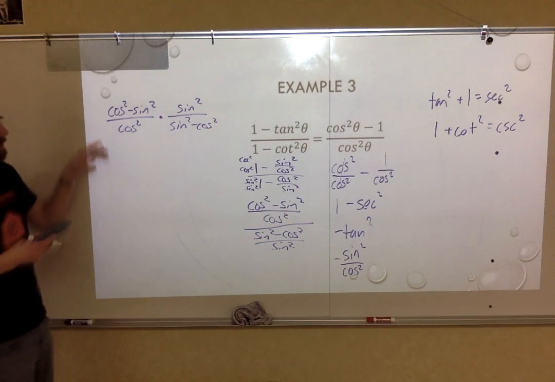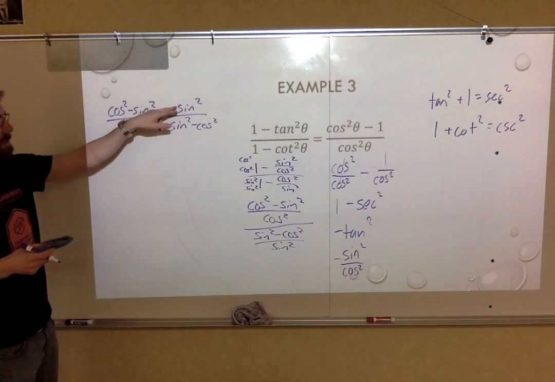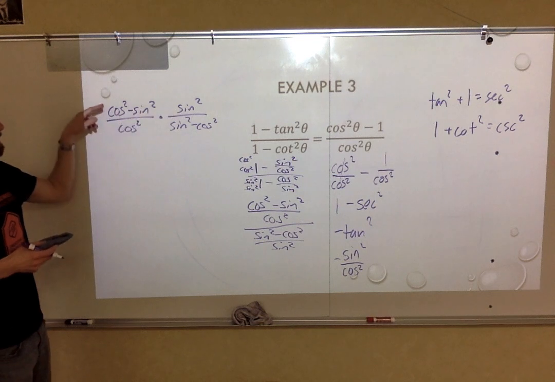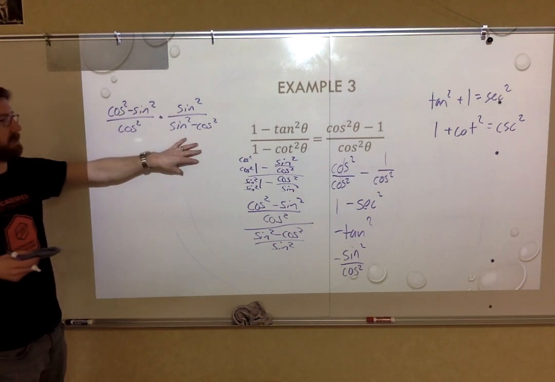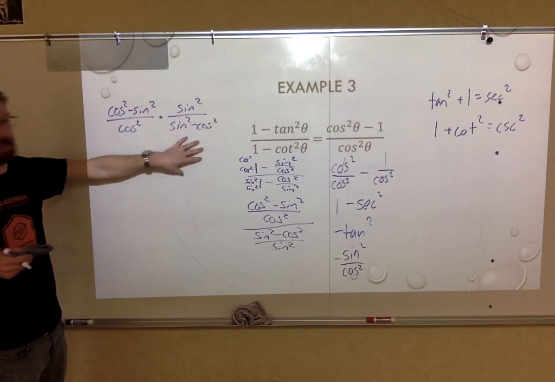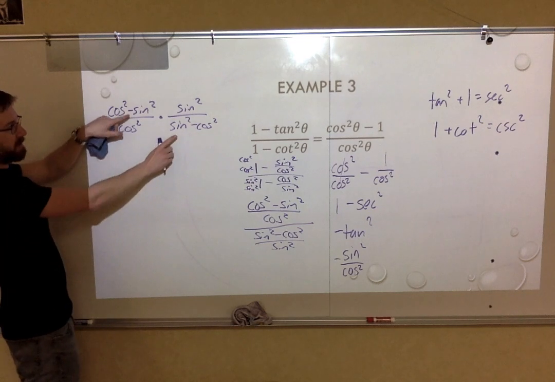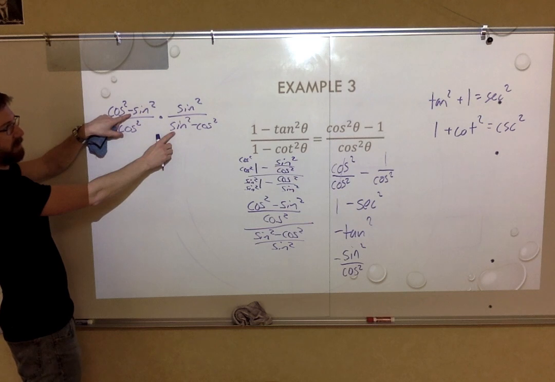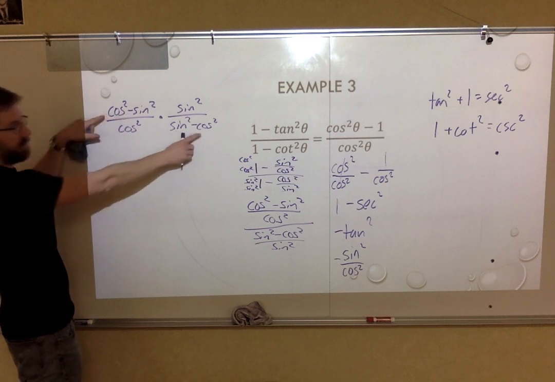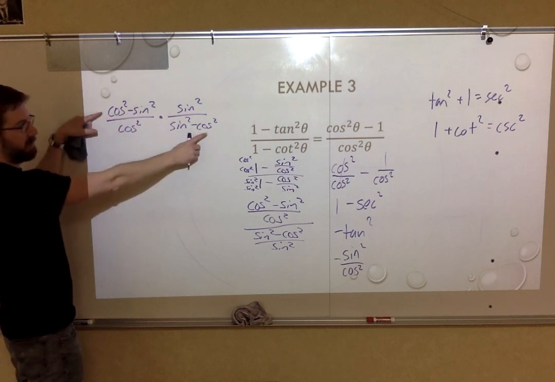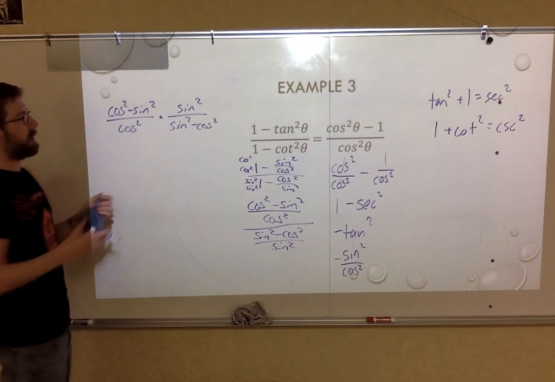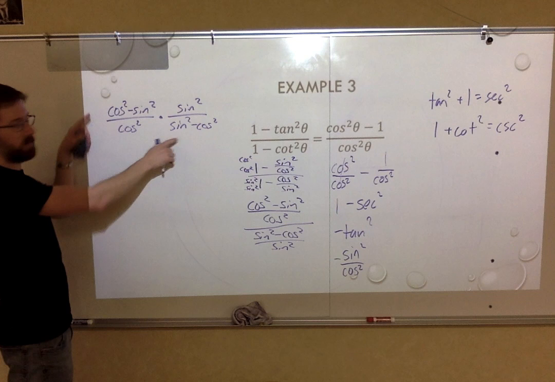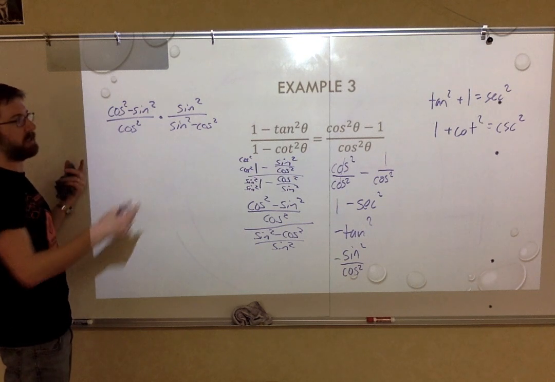Now looking at this, the cosine and the sine here don't cancel, but I've got this cosine squared minus sine squared and the sine squared minus cosine squared. Those almost look like they could cancel, and they're really close, but if I notice, the sine is the wrong sign, and the cosine is also the wrong sign. It's positive here, negative here, the sine is negative, and then positive. So if there were a way that I could switch the signs of one of these, I could get them to match and they could cancel out.